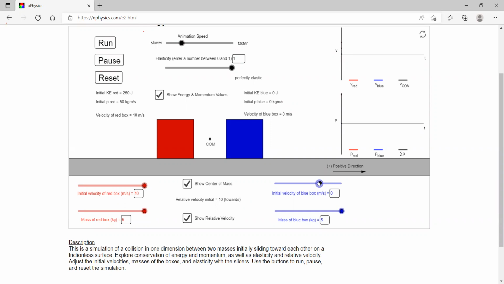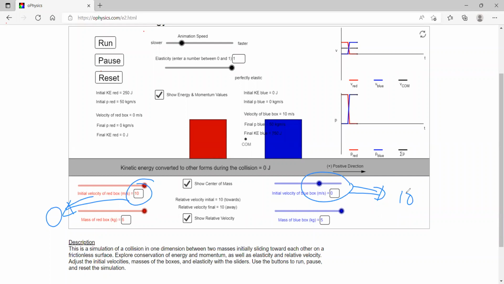So what you expect here is this becomes 0 after collision, right? This will be 0 after collision, and this will be 10 after collision. Let's see whether we see this or not.